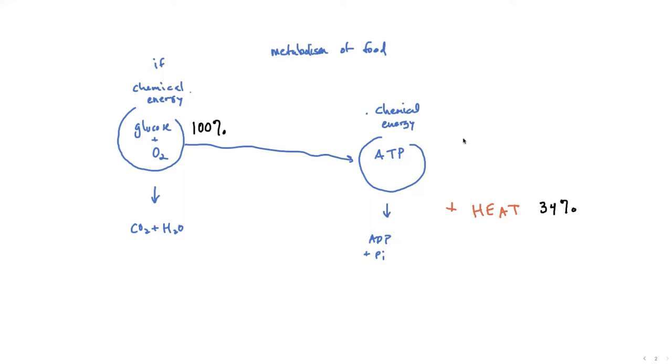Now, 34% is going to be in the heat, and chemical energy here is going to represent about 66%. And that's actually a very, very high recovery rate. Usually the amount of heat produced is greater. This is actually highly efficient. The more heat you produce, the less efficient you are. And so, while this might sound like a lot of loss, this is actually pretty highly efficient.